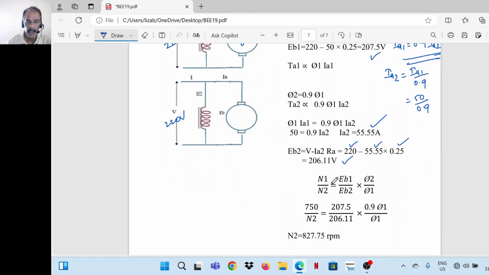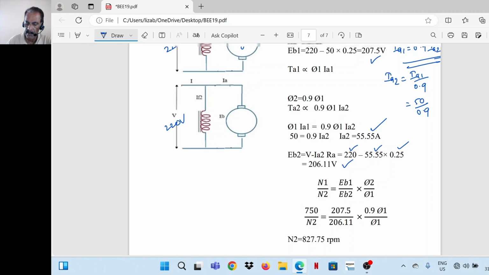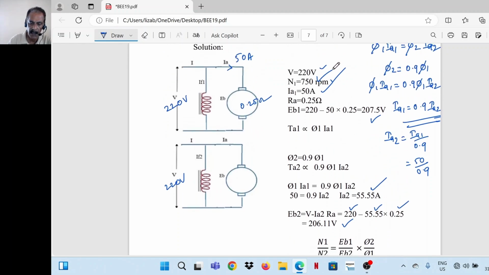Now using this relation, N1 by N2 is equal to EB1 by EB2 into phi2 by phi1. Normally we take EB1 by EB2 only, but here flux is also changing. It is given in the question. Flux in the second case is 90% of flux in the first case. So N1 is 750 rpm. It is given in the question.